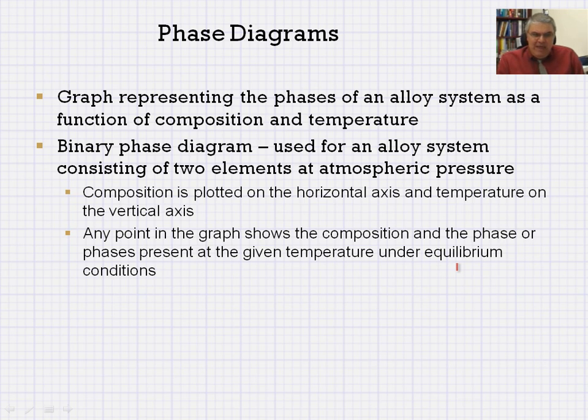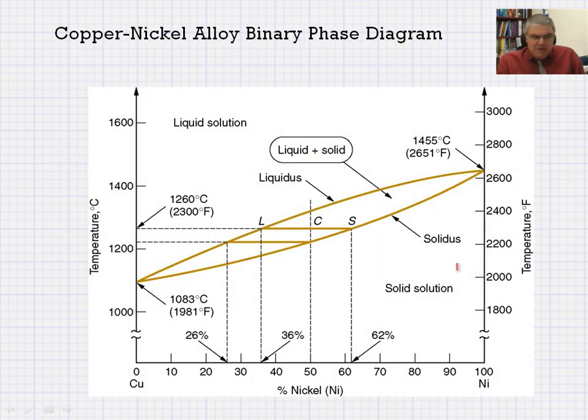It shows both elements at atmospheric pressure. On the horizontal axis, we draw the composition, and we draw the temperature on the vertical axis. Any point in the graph shows the composition and the phase or phases that are present at different temperatures under equilibrium conditions. Here's an example that I'm going to go over.